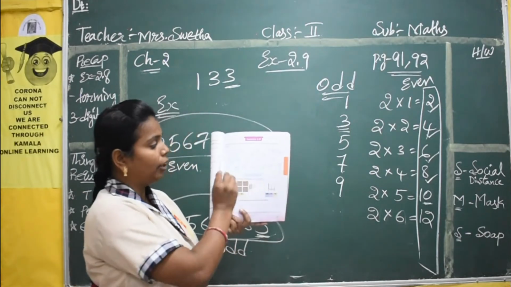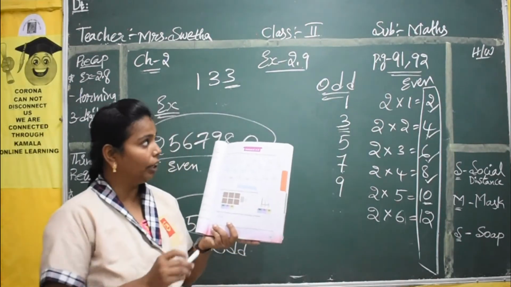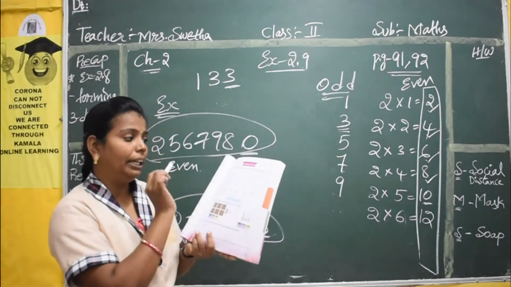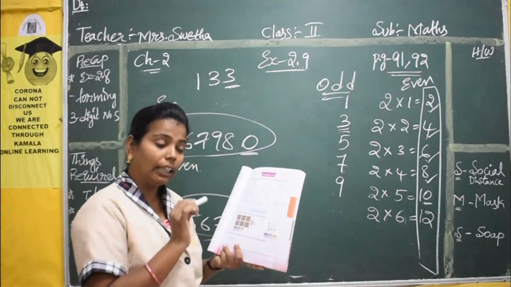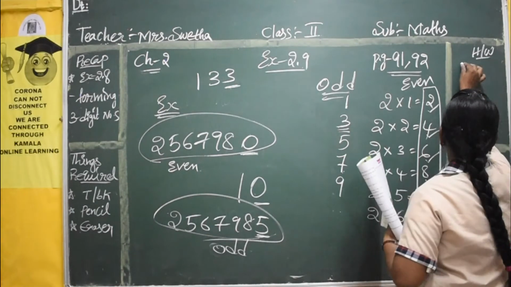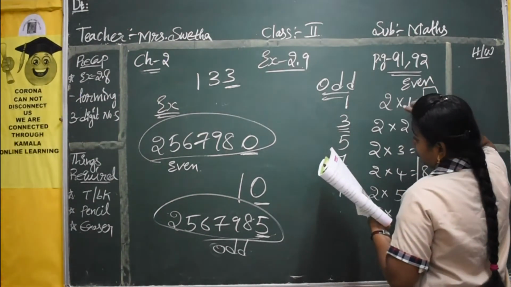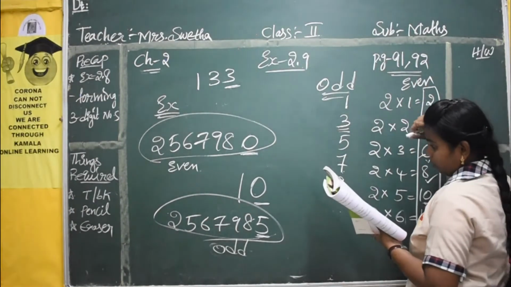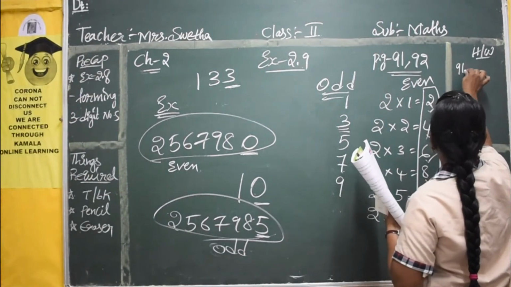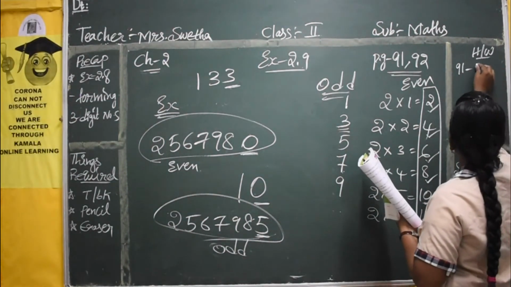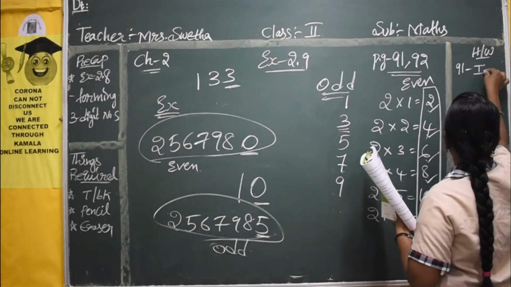Okay, so same like that you have to identify. This is your homework. You have to identify the numbers. Even numbers you have to color with green color. Odd numbers you have to color with blue color. So on page number 91, the first bit you have to do as homework.